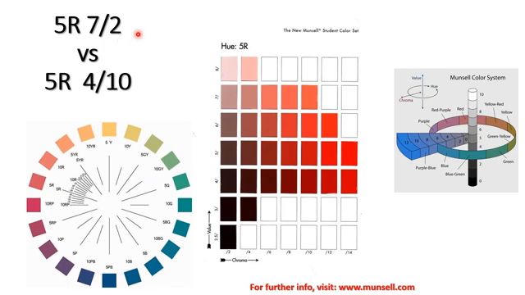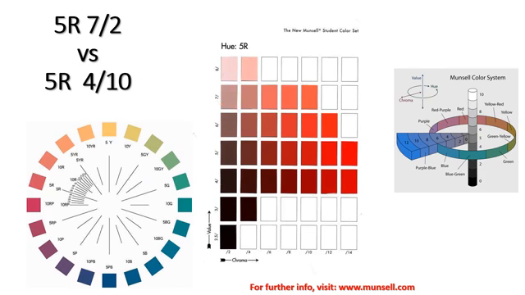Now if we compare 5R 7/2 to 5R 4/10. This chart is the hue 5R. So 5R 7/2 is this color.